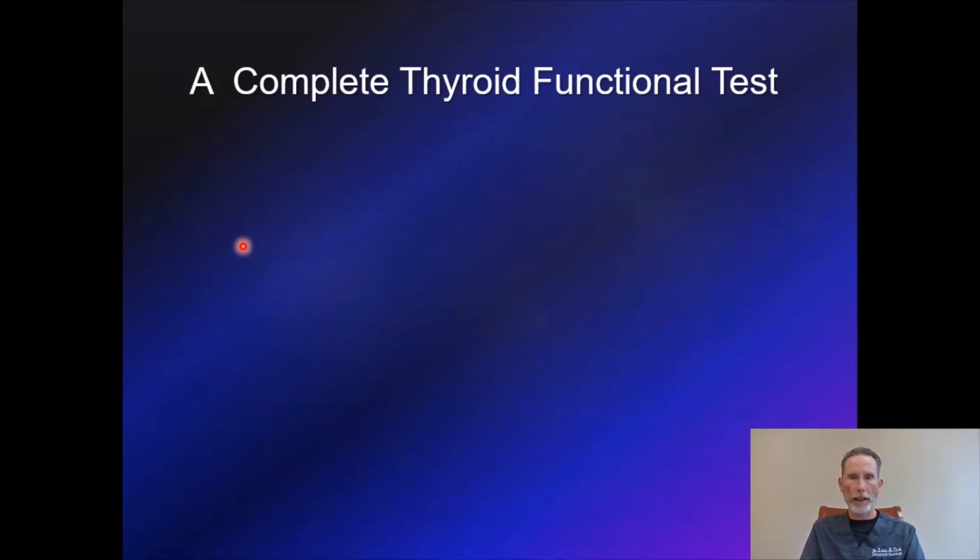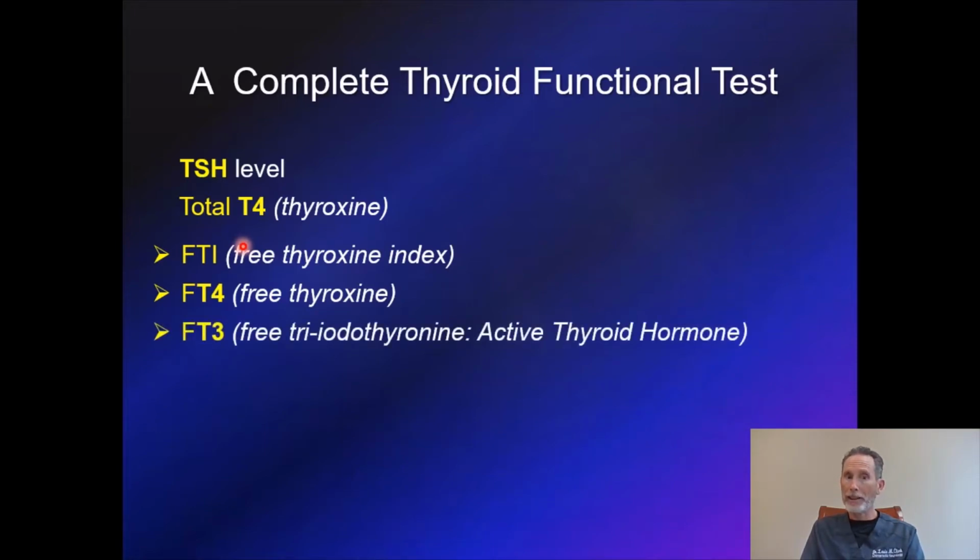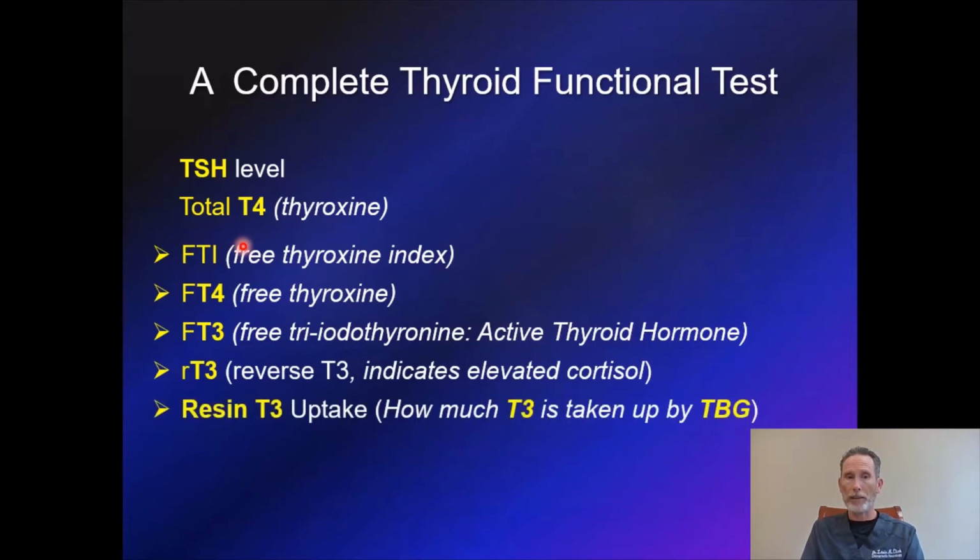Well, you're going to need to have the proper testing, more than just TSH and total T4, although those are necessary. You're also going to need the thyroxine index, free T4, free T3, reverse T3, and I'm going to explain these.